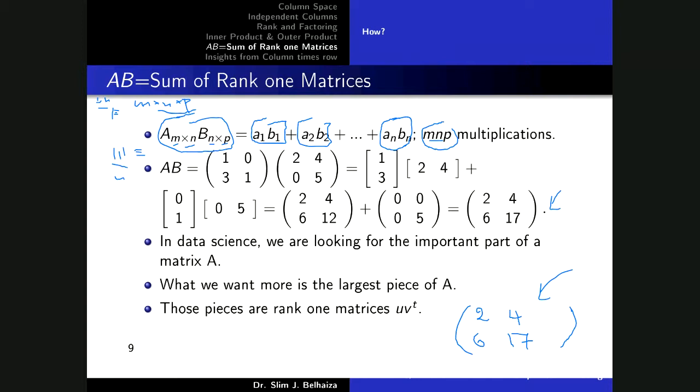So what we said last time is that in data science, in general, we are looking for the most important part of a given matrix. That's why, if you remember, last time I said that if you are working on huge data, better refine it before. Refine it in terms of determining whether there is any noise in it, whether there are errors or mistakes, before applying your treatment or before trying to study what the patterns are.